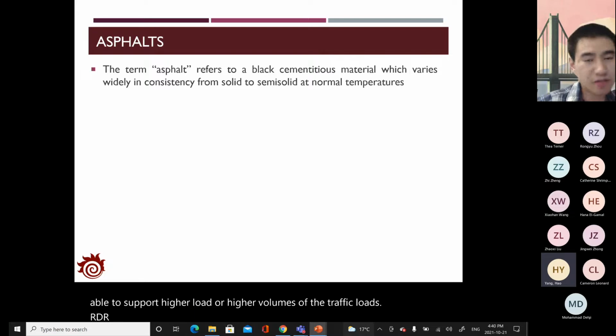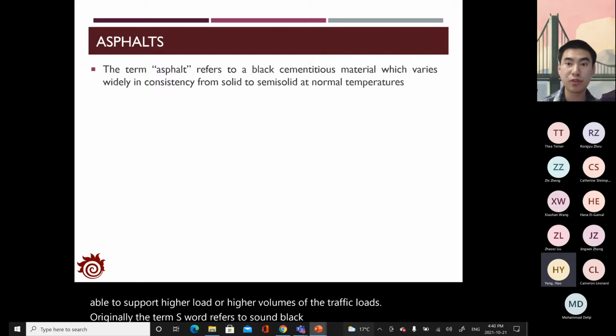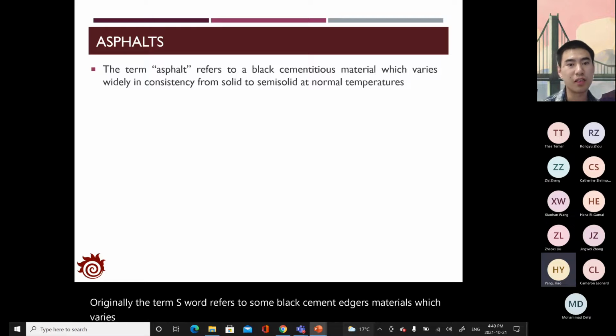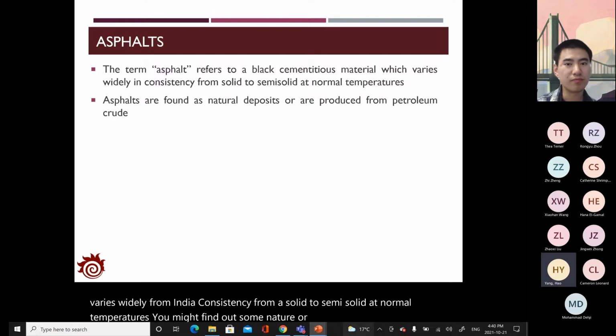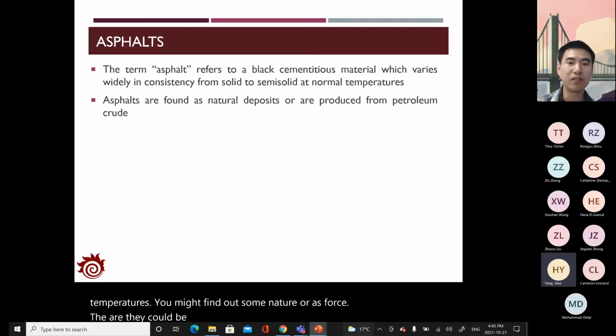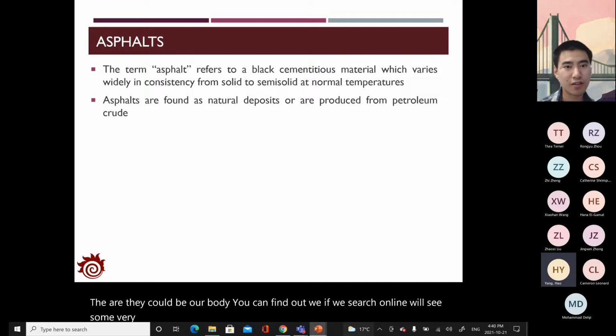Originally, the term asphalt refers to some black cementitious materials, which vary widely in consistency from solid to semi-solid at normal temperatures. You might find some natural asphalts. If you search online, you will see some very large asphalt lakes.